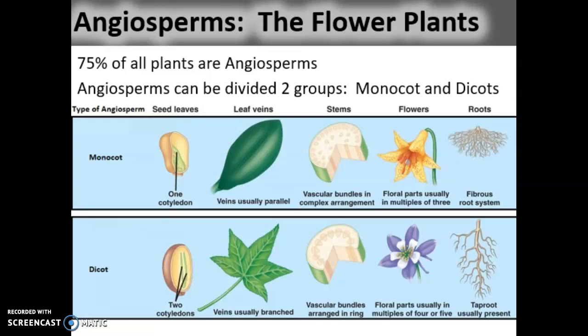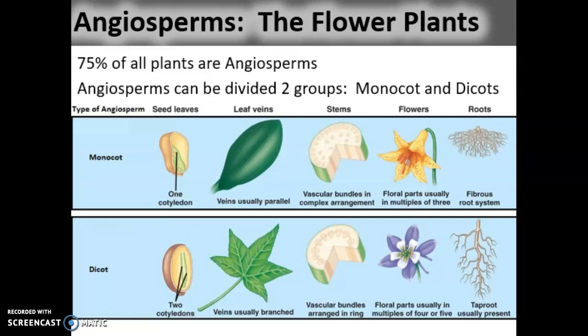Now, the problem is that if you have a flower that has a multiple of 12 or 15, you have to look at some other feature, because 12 and 15 are both multiples of 3 and 4 or 5, like dicot. So sometimes you can't just look at one characteristic alone and determine if it's a monocot or dicot.